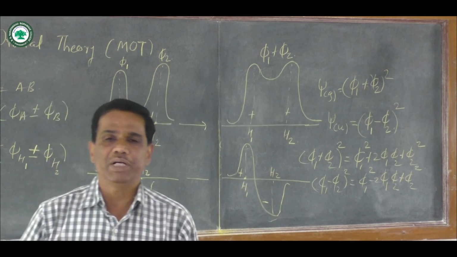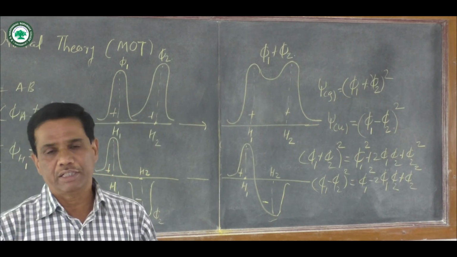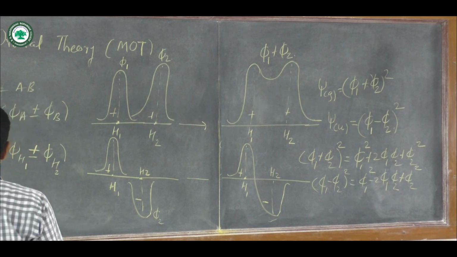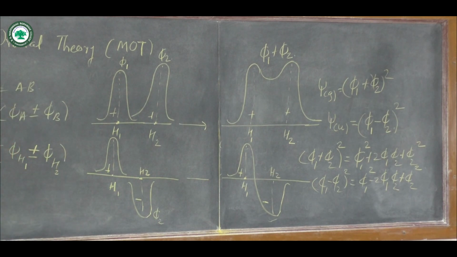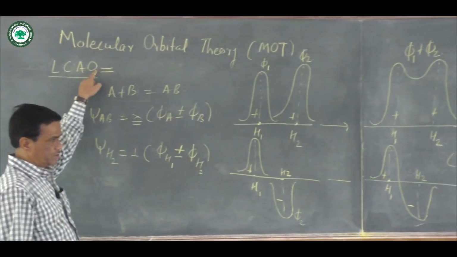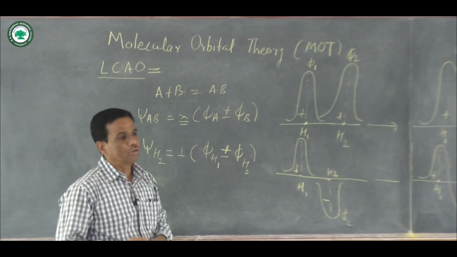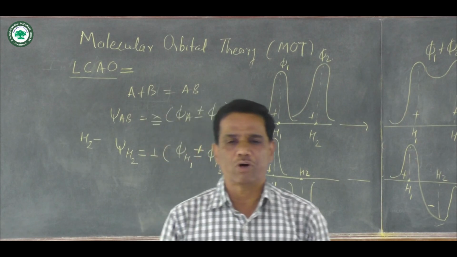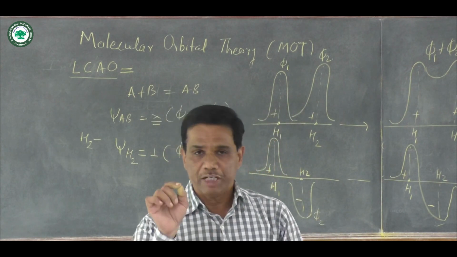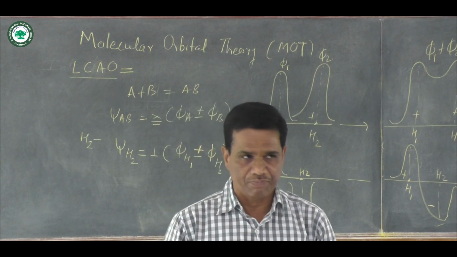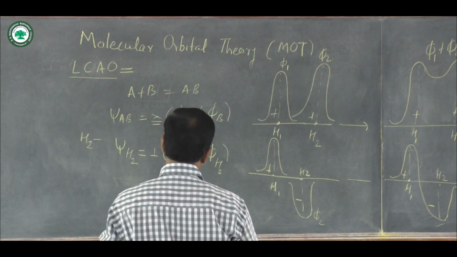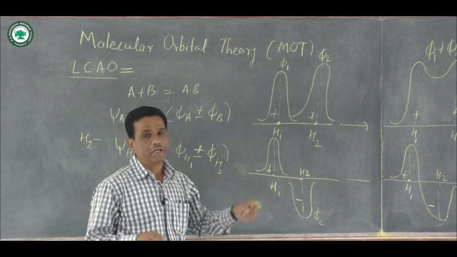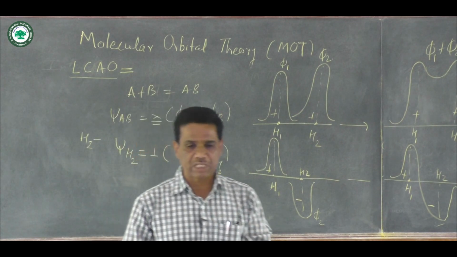and the probability of electrons, and that leads to the formation of molecular orbitals according to the linear combination of atomic orbitals. Whatever number of atomic orbitals are combined, that many molecular orbitals are formed. In H2, a homonuclear diatomic molecule, two atomic orbitals combine and two molecular orbitals are formed.